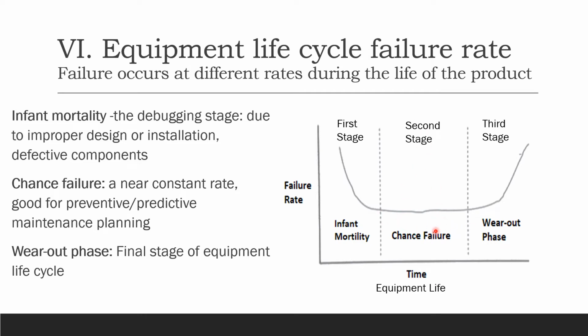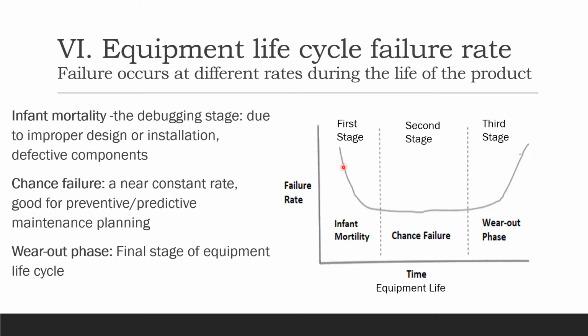You do have a chance of failure in this period, that's why we call it chance failure. But if you think about the rate, meaning the failure rate, that's what we're studying anyway, you usually get a constant rate, so the prediction is accurate, because of this plateau that you can see.